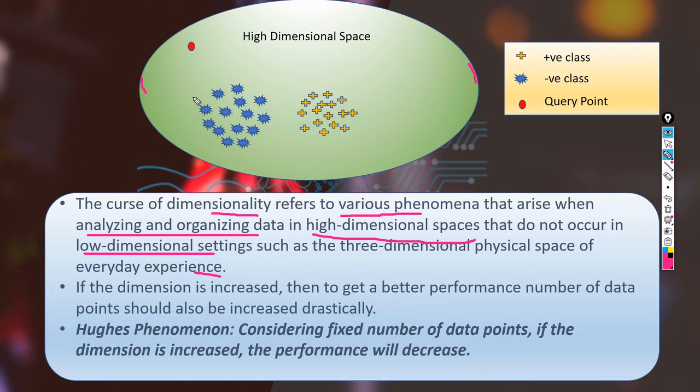These are the negative data points and these yellow pluses are positive data points. In this high dimensional space you have this many data points, but the rest of the shaded region is vast. The data points cover only this much area.